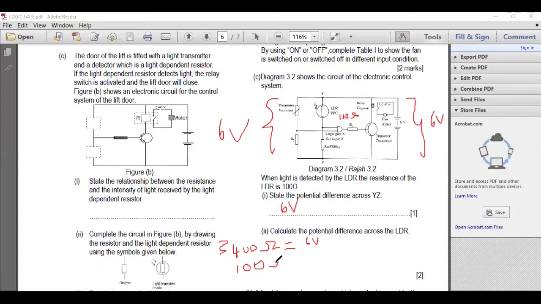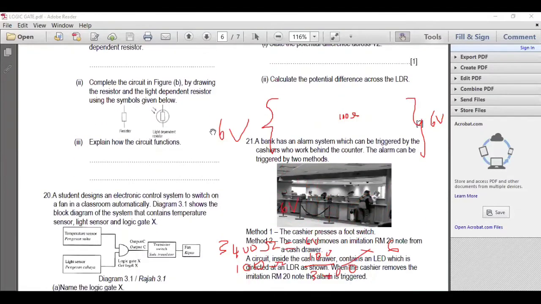Use the ratio method: 100 divided by 3,400 times 6. So you get the answer. Okay, so your answer is good.